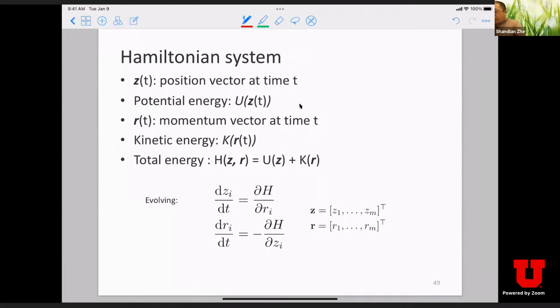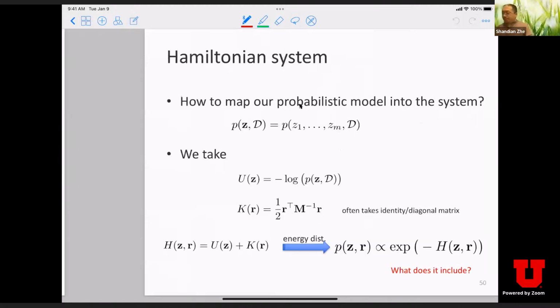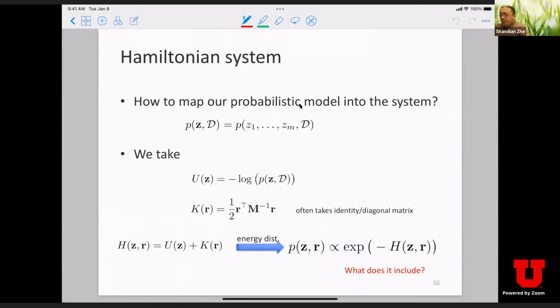So now we know some basics about this Hamiltonian system. How do we associate our probabilistic model with it? Remember, our strategy is that I'm going to use this Hamiltonian system to generate new samples, or new proposals, for my probabilistic model. Later, we're going to discuss why using a Hamiltonian system is better. So how do we associate our probabilistic model with this Hamiltonian system?